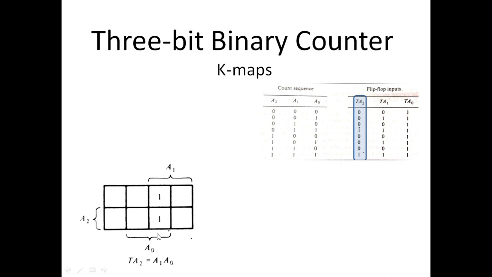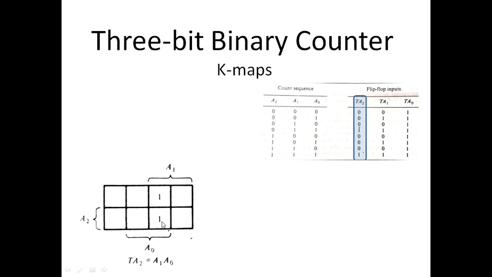So this is the 3-variable K-map for TA2, and there are only 2 ones. So when we put them on the K-map, minterm 0 is 0, minterm 1 is 0, minterm 2 is 0, and minterm 3 is 1. And similarly for 4, 5, 6, and 7.